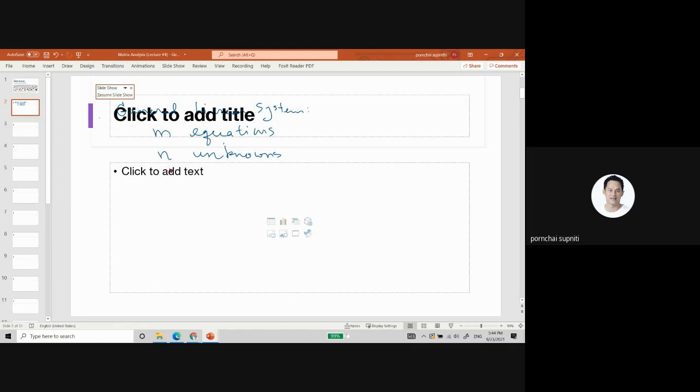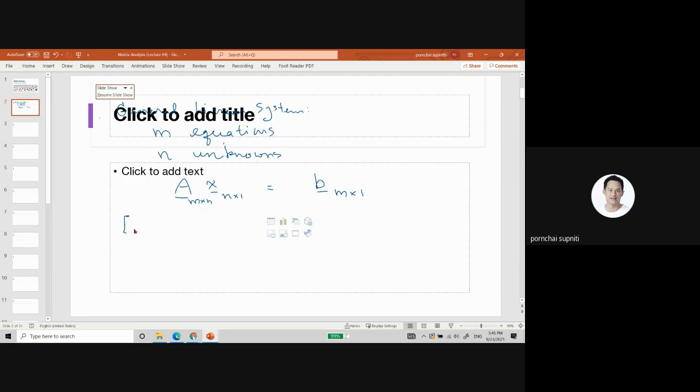Okay. And this can be related to the equation that we have always looked at for some time. Ax is equal to b, where A has a dimension of m by n, and x has a dimension of n by 1, equals b, which is m by 1.